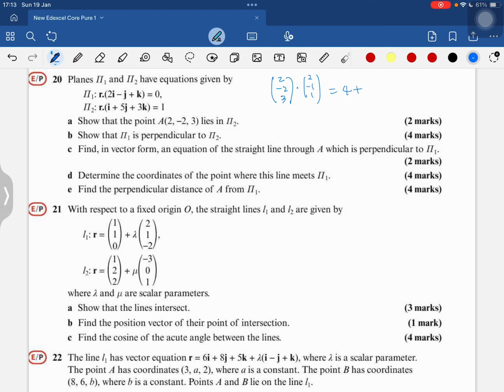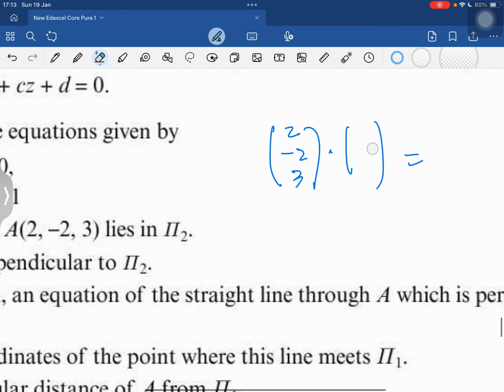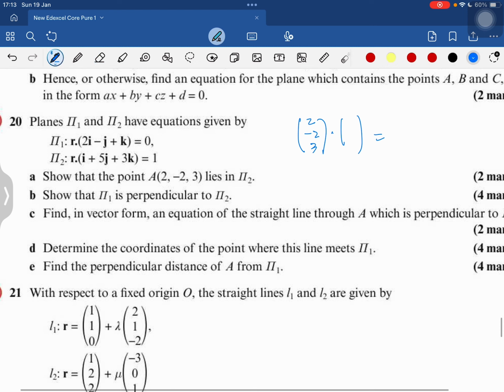So 4 plus 2 plus 3. Oops, pi 2, sorry. So 1, 5, 3. So 2 minus 10, 9.